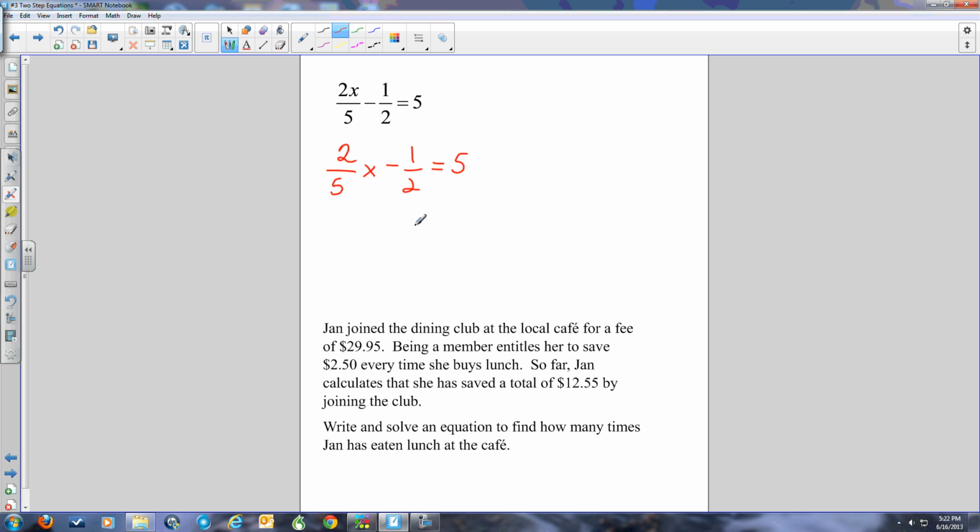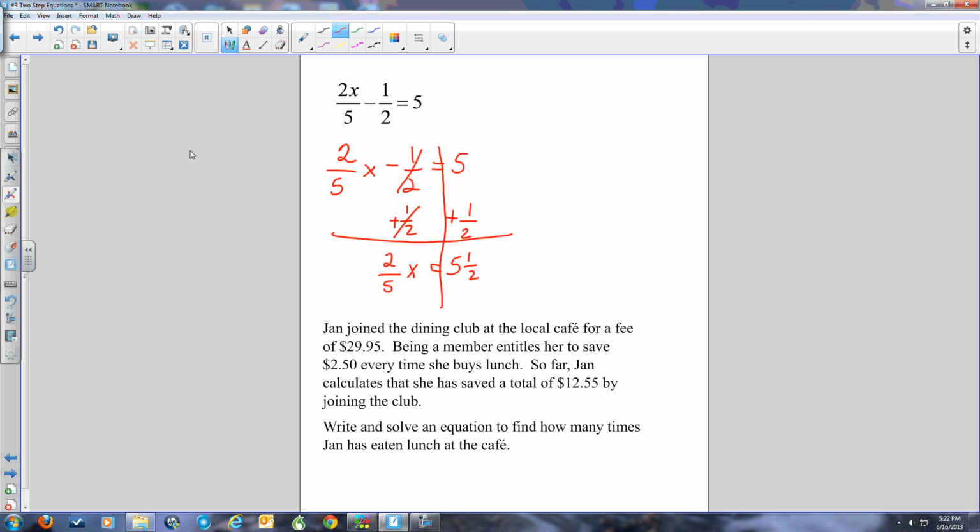We want to get x alone, so we'll start by adding a half to each side. So the 1/2's cancel, and we have 2/5 x equals 5 plus 1/2, which is 5.5.